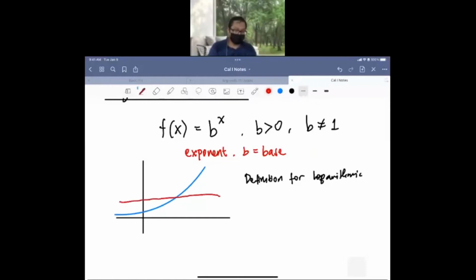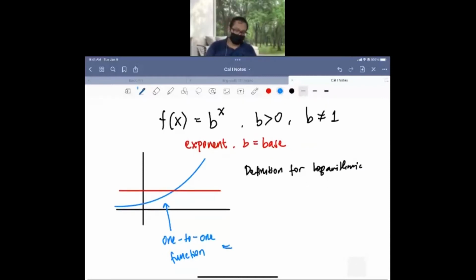If you take the horizontal line to test whether it is 1 to 1, it's only crossing one point. So which means that this whole thing is a 1 to 1 function. And by 1 to 1 function, it means that it does have an inverse. So conclusion, b to the power of x has an inverse.